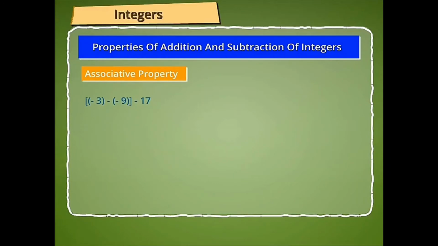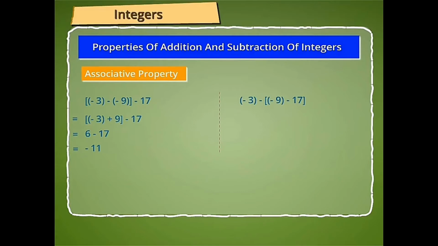Again, minus 3 minus minus 9 minus 17 is equal to minus 3 plus 9 minus 17, that is equal to 6 minus 17, that is equal to minus 11.